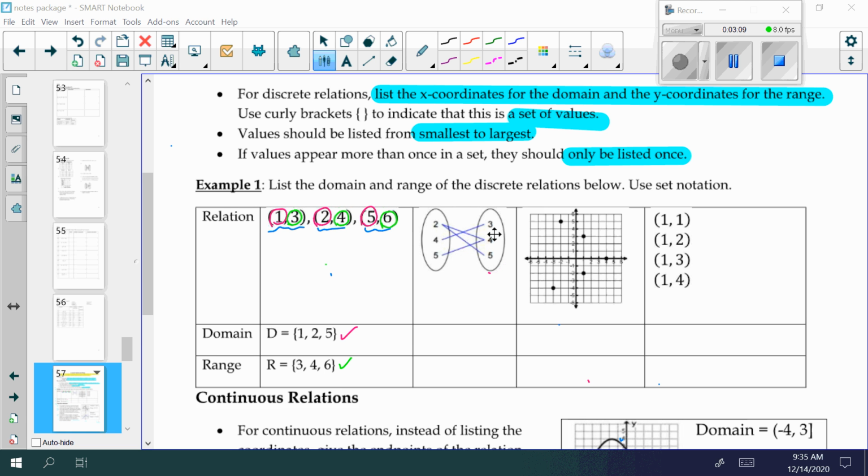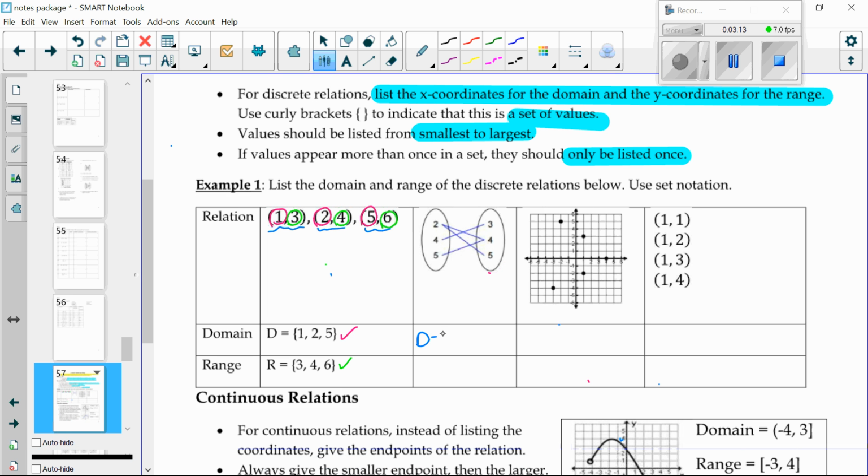So let's list our domain. Our domain, D, is going to be 2, 4, and 5. And then our range is 3, 4, and 5.